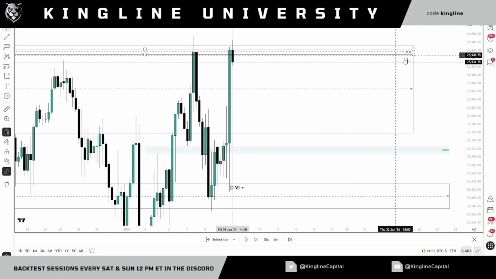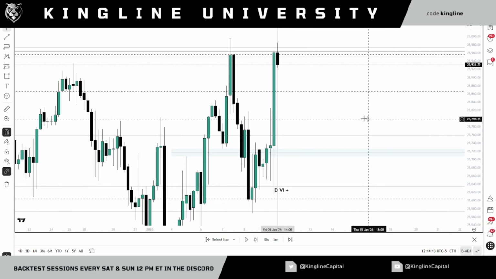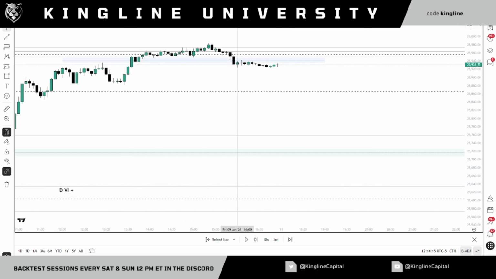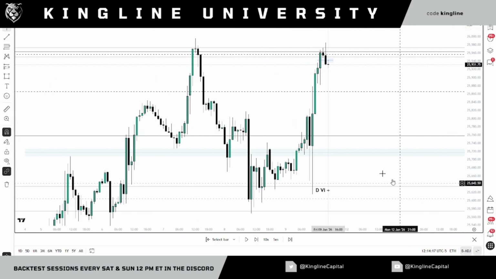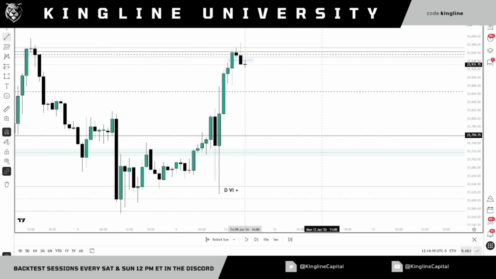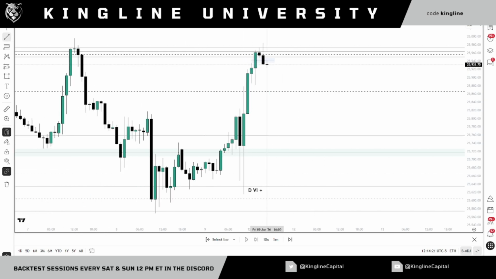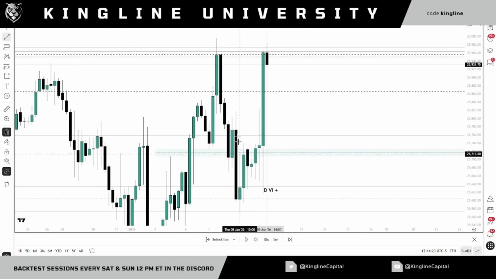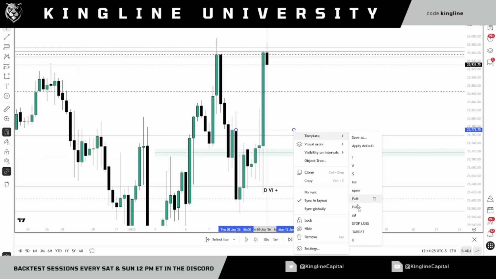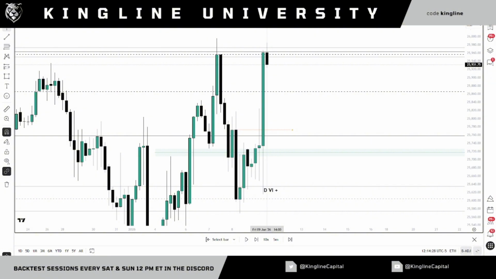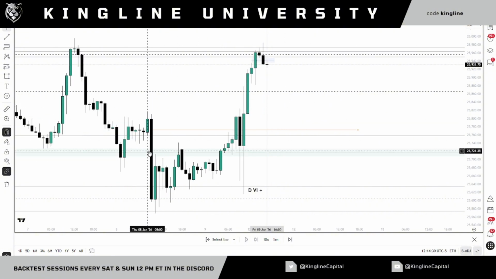It's basically at the bottom of this weekly volume imbalance. We'll keep that in mind until price gets there. And hold on, let me see. 4 hour is here, and 1 hour is in the same area.